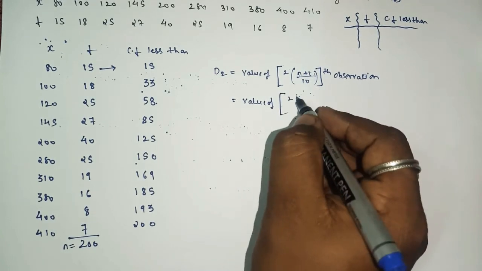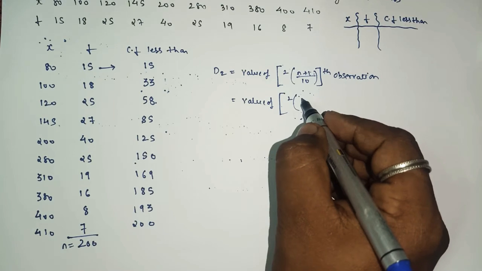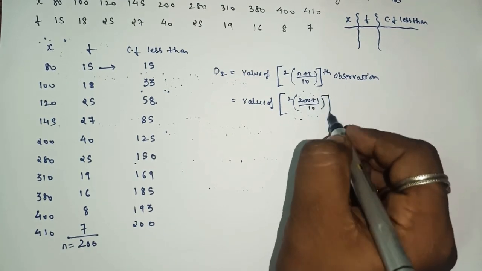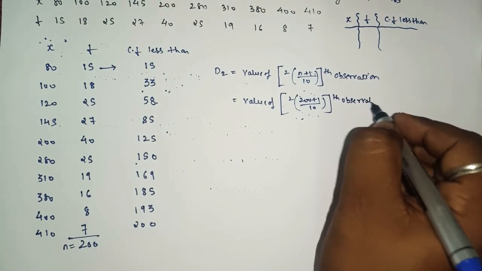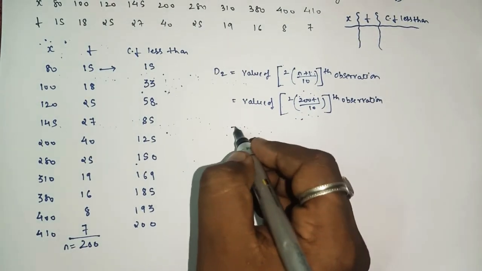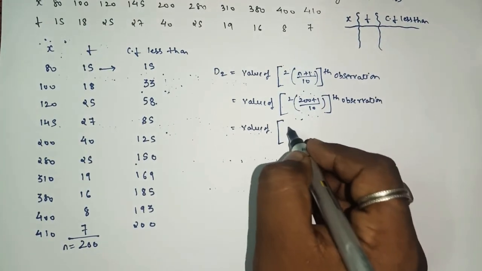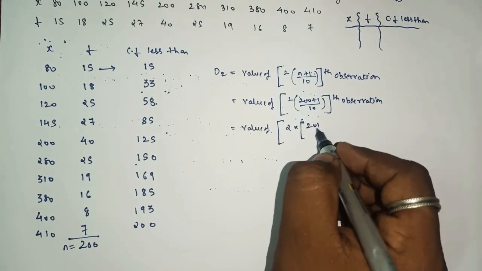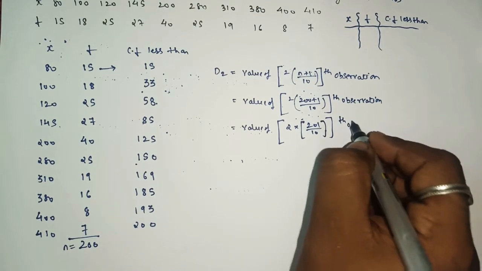Okay, so here the meaning of n is what? The total frequency. So (200+1)/10 th observation. So this will be what? Value of 2 into 201/10 observation.